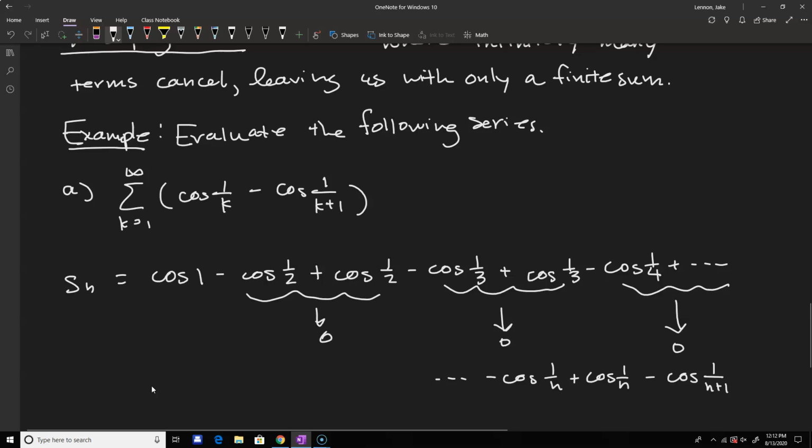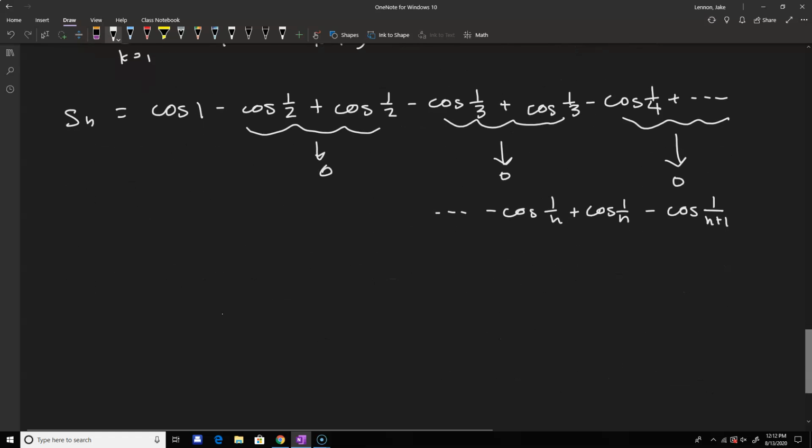So S of n ends up looking like the cosine of 1 minus that last cosine of 1 over n plus 1.